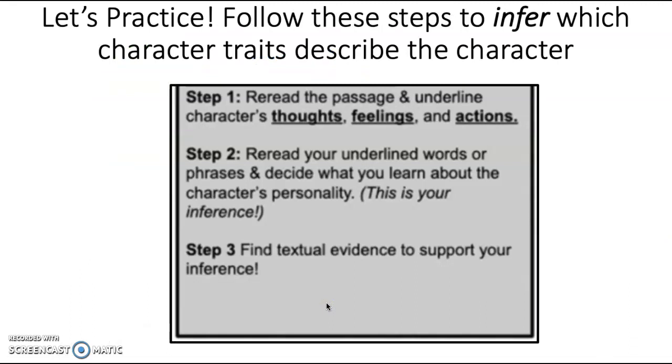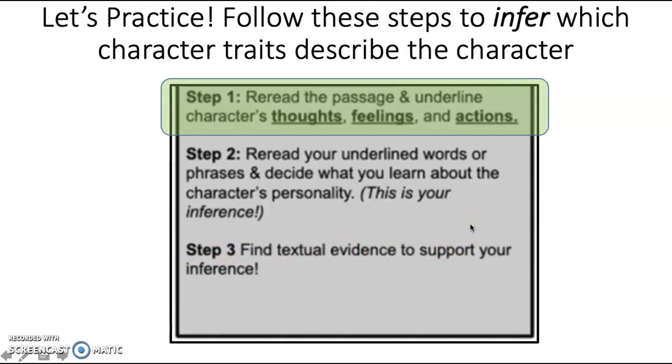All right, so we're going to practice using a section of our novel, Roll of Thunder, Hear My Cry. Okay, so you guys are going to follow these steps in the gray box to infer which character traits describe the character, and then you're going to find that evidence. All right, so we're going to start off with step 1, where you're going to reread the passage and underline the character's thoughts, feelings, and actions.